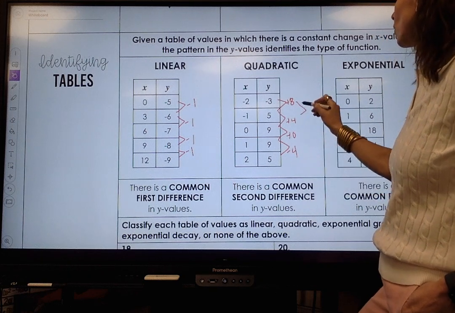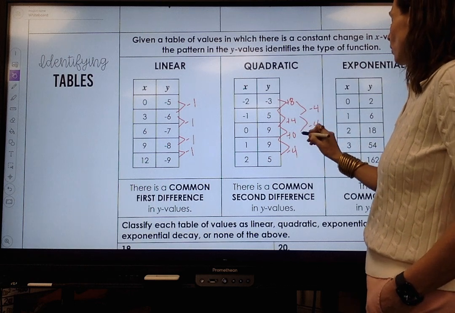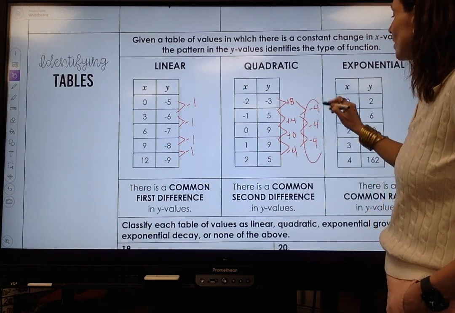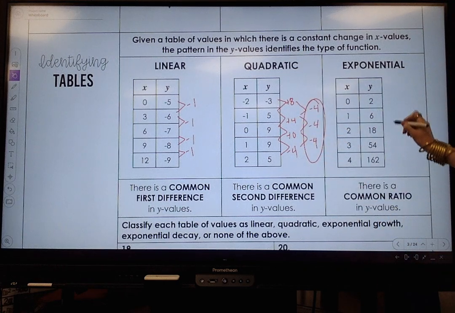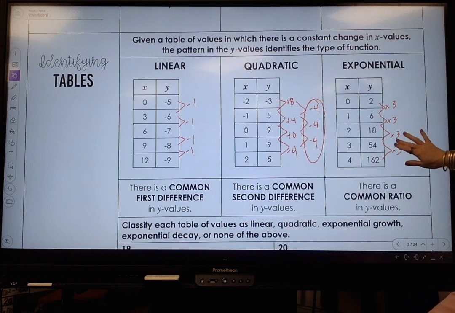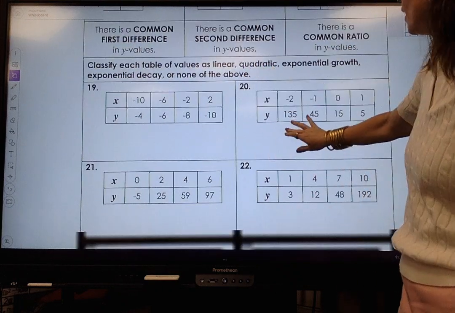And then here, of course, my change in 8 to 4 is subtracting 4, subtracting 4, subtracting 4. So the second common difference is making it quadratic. And of course here, multiply by 3, multiply by 3, multiply by 3, and multiply by 3, and that is what makes it exponential. So we already discussed that in the last one.